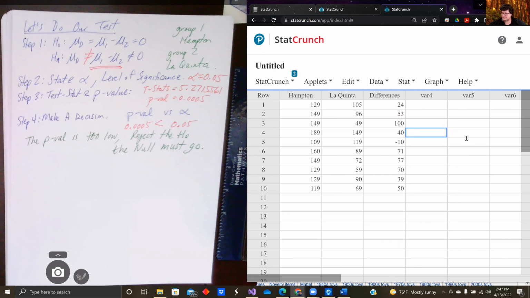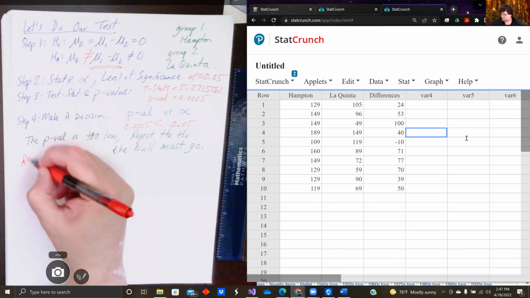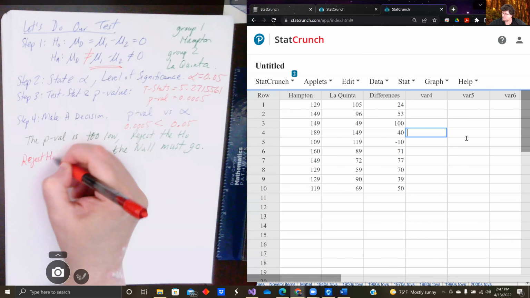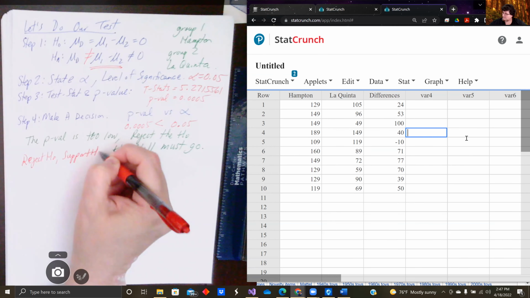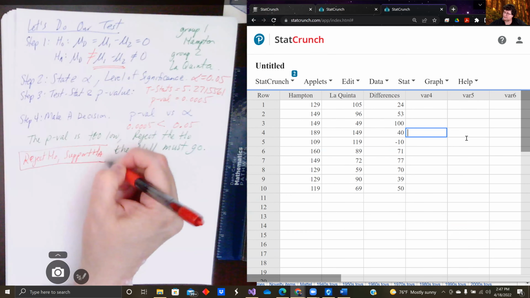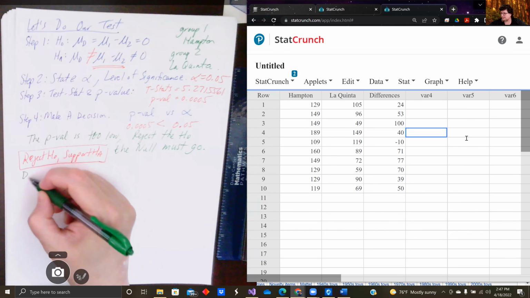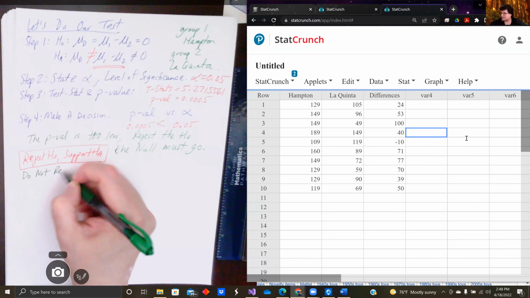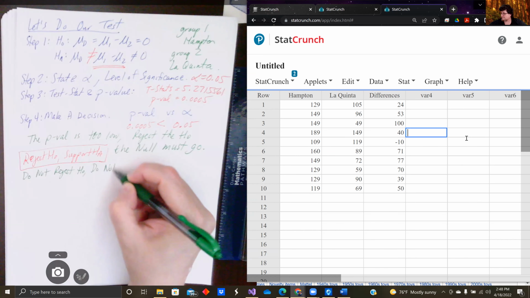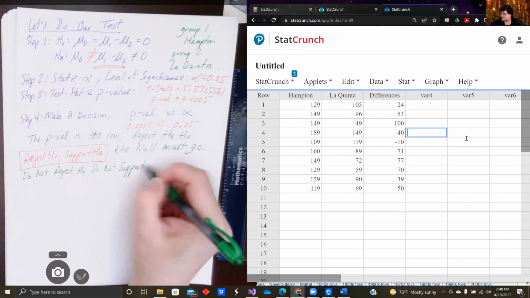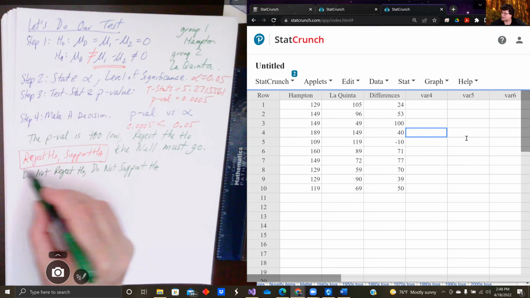So when we reject H0, it means we're going to support HA. That's our decision. The one that we didn't choose, as just a refresher, is when we do not reject H0, we do not support HA. And we didn't do that one, so no on that one.